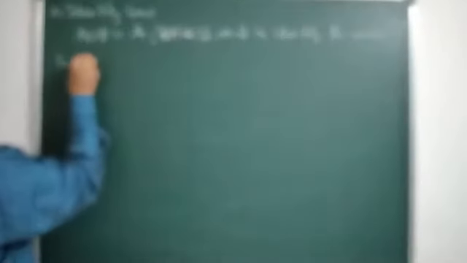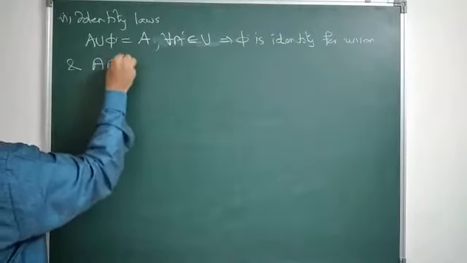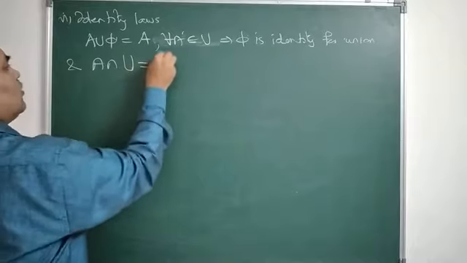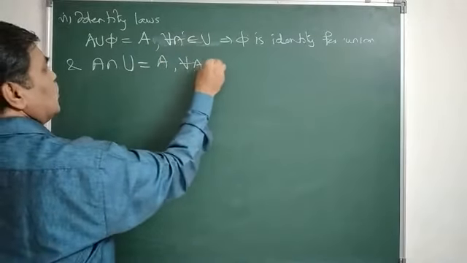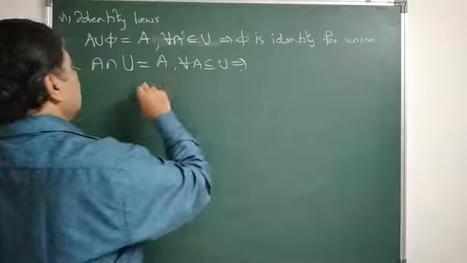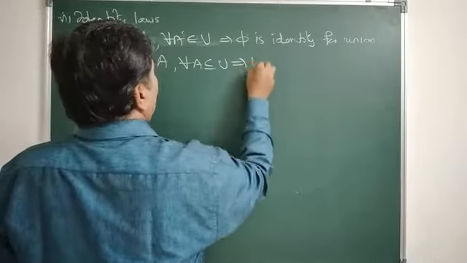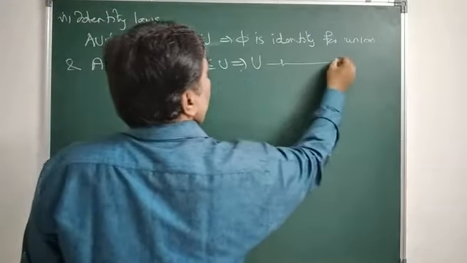And A intersection the universal set U is always equal to A for any subset A of U. What this implies is that U is the identity for intersection.